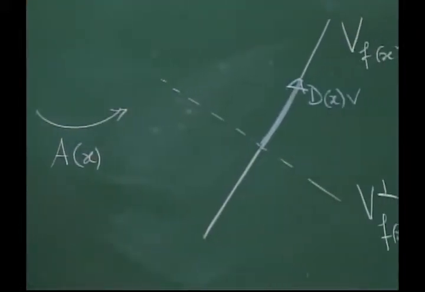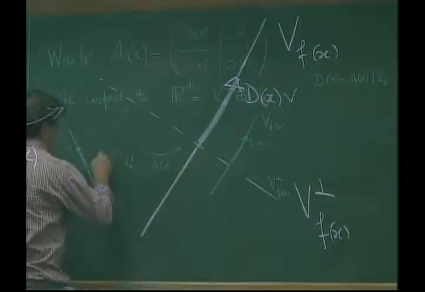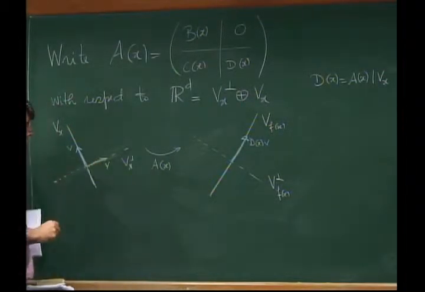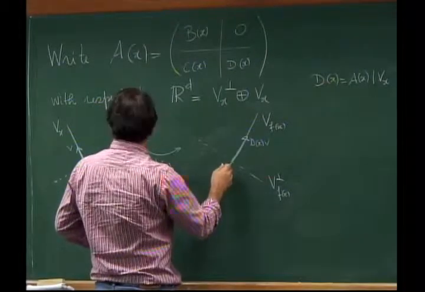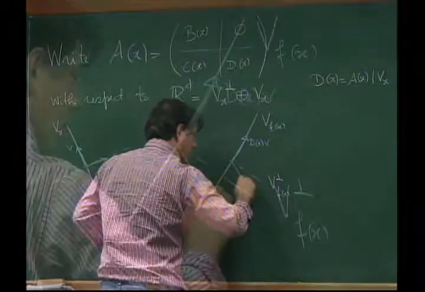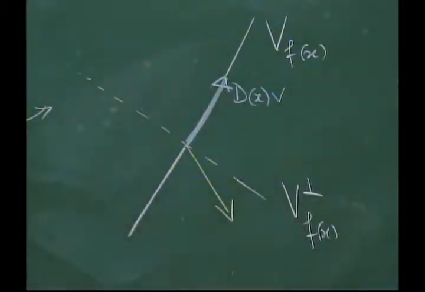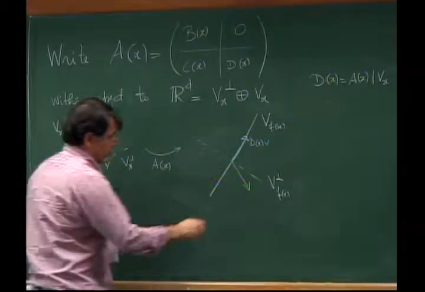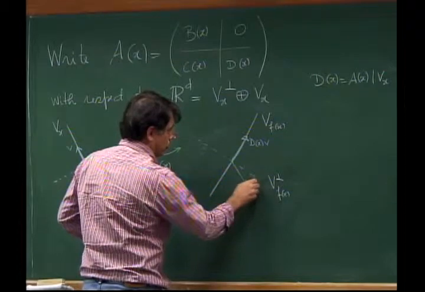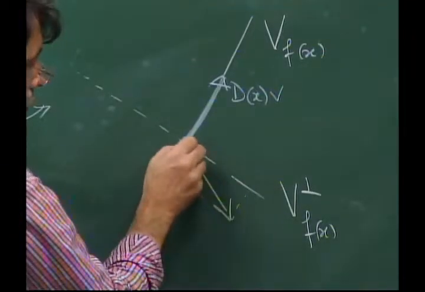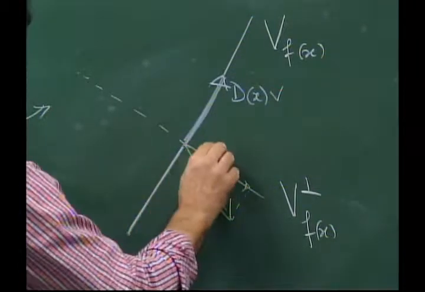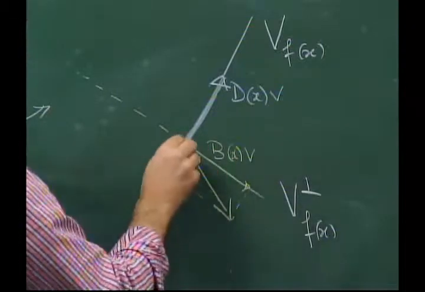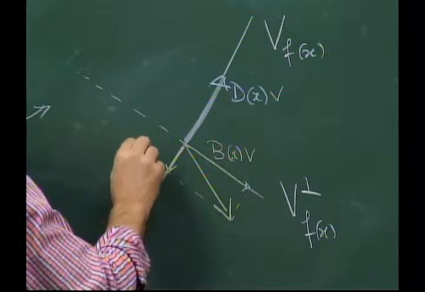Now, if I take a green vector, like this one, and I map it by A of x, the image will probably look like this. Not necessarily along the orthogonal, because the orthogonal is not invariant. So I decompose this into two orthogonal components. This one is what I'm calling B of x applied to v, and this one is C of x applied to v.